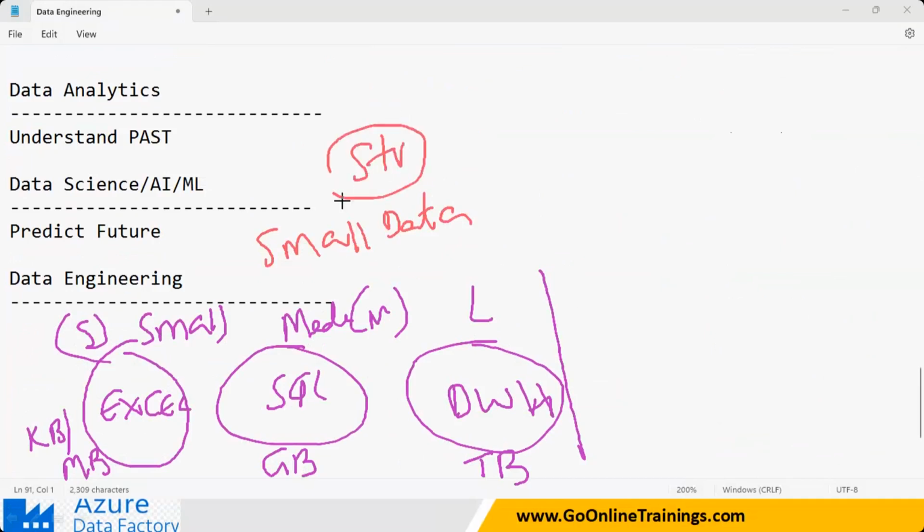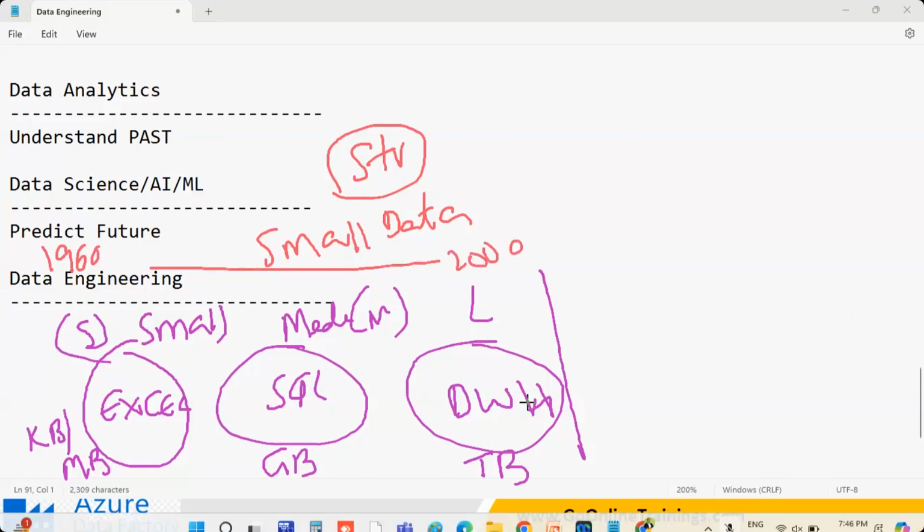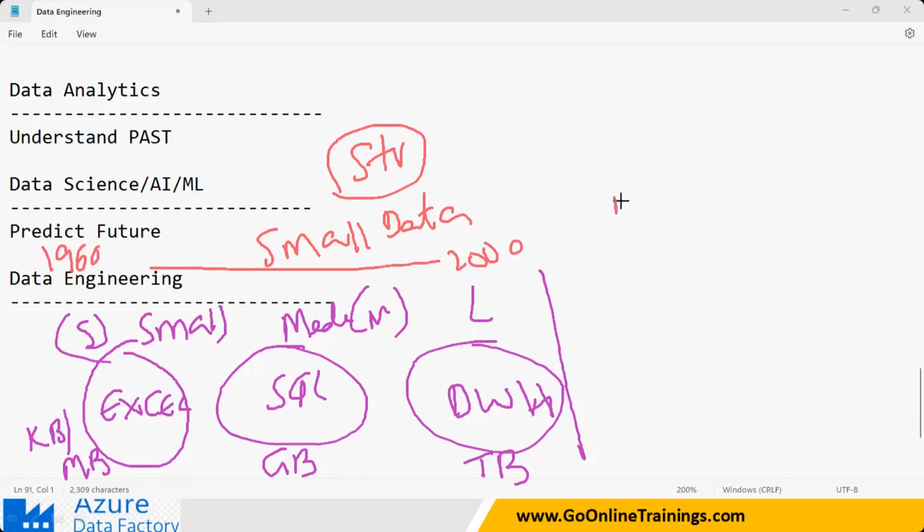Structured means it is completely row and column data, data in tables. From around 1950 or 1962 till the year 2000, this was the story. From the year 2000 onwards, people started using big data. Big data means it is not only structured data, it is also semi-structured data.